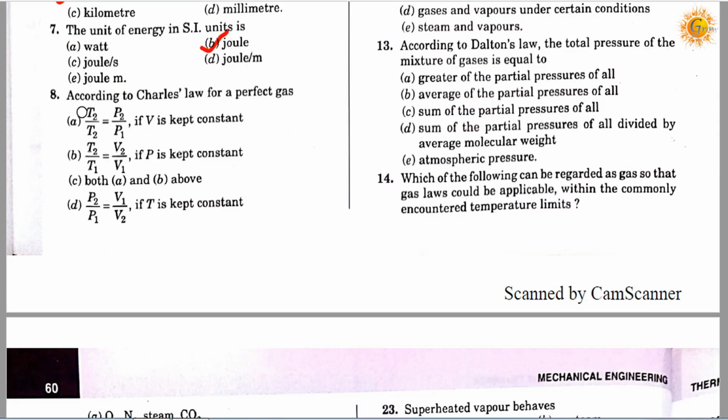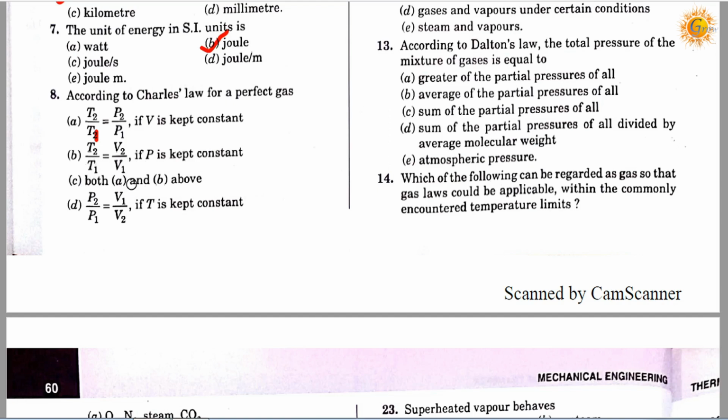Question number 8. According to Charles' law for a perfect gas, option A: T2 divided by T1 is equal to P2 divided by P1 if V is kept constant. Option B: T2 divided by T1 is equal to V2 divided by V1 if P is kept constant.